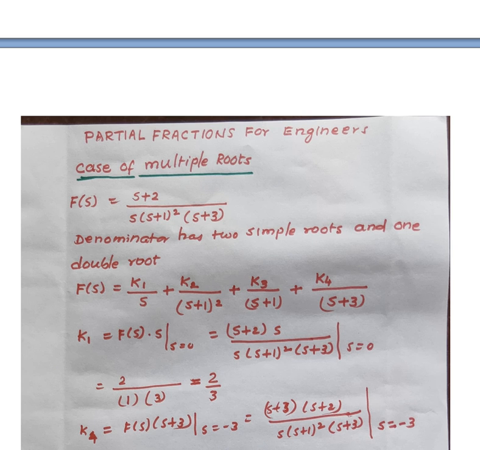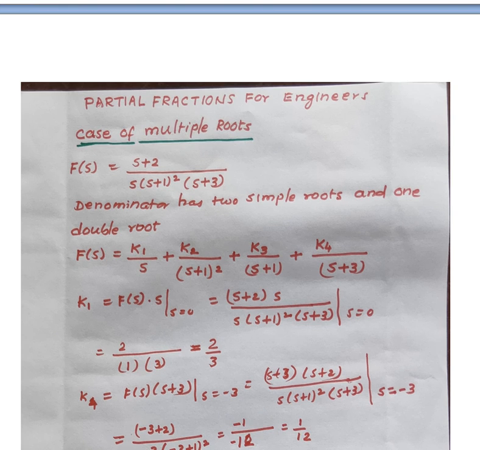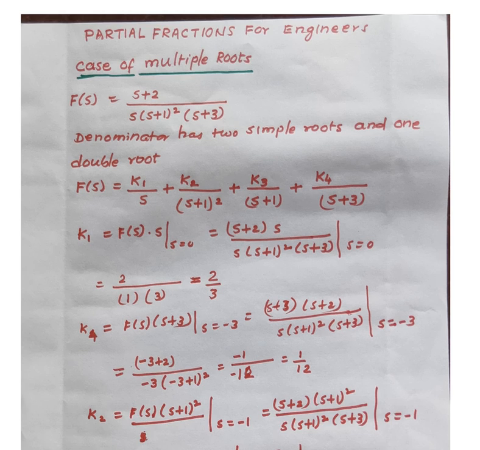Similarly, you have another simple root, that is k4. So k4 is equal to F(s) into (s plus 3). Substitute s equal to minus 3. This s equal to minus 3 comes when you put s plus 3 equal to 0. From that you get s equal to minus 3. Then you write F(s) into (s plus 3).